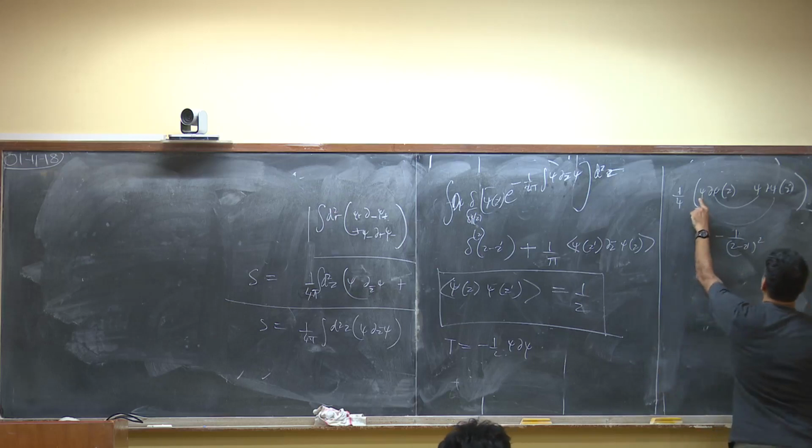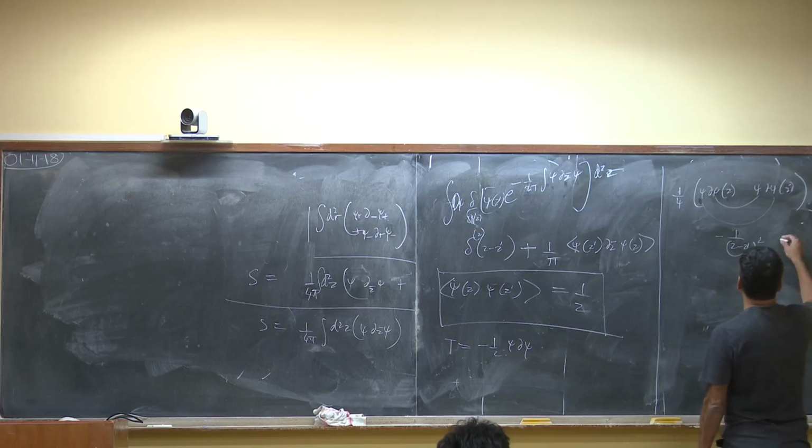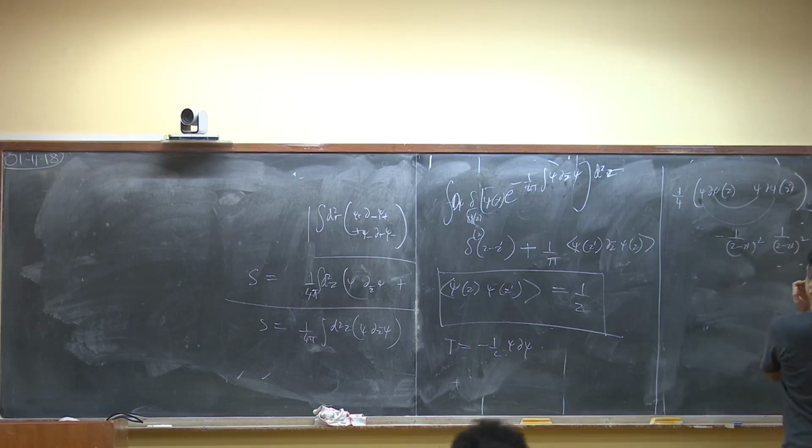And this one has 1 by z minus z prime, but its derivative with a plus. So that has 1 by z minus z prime square, which already looks a little odd.